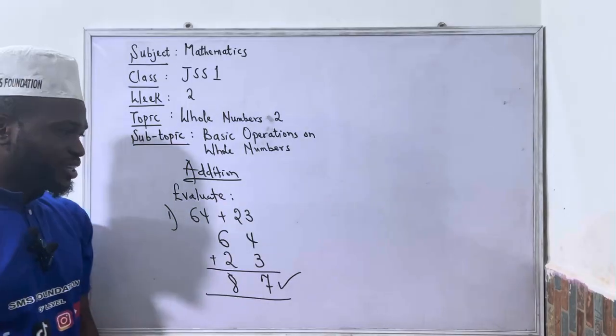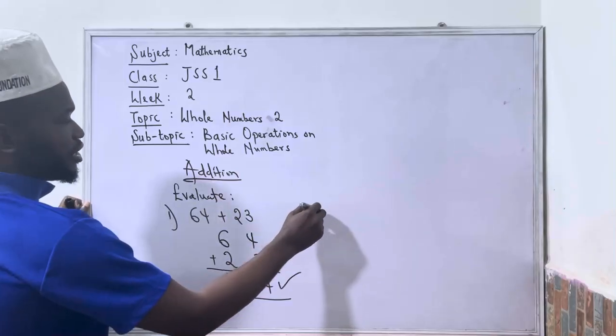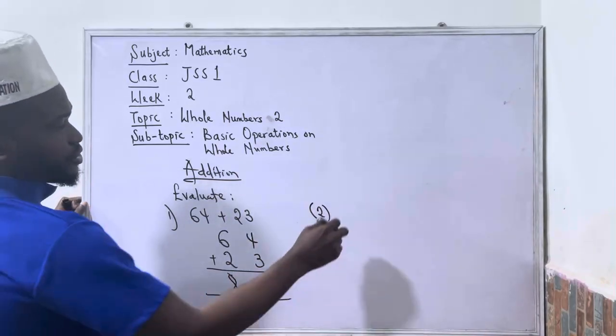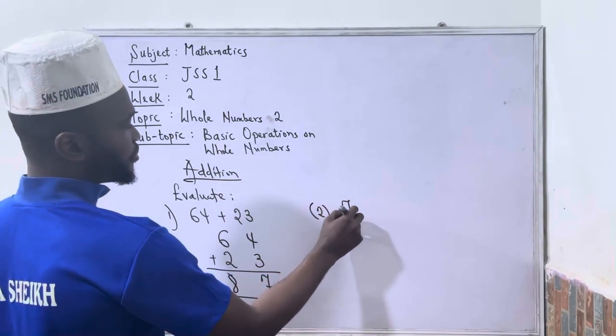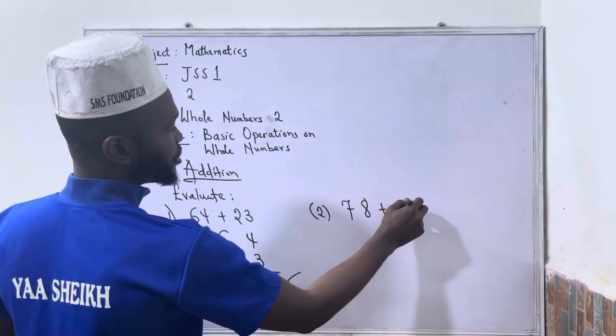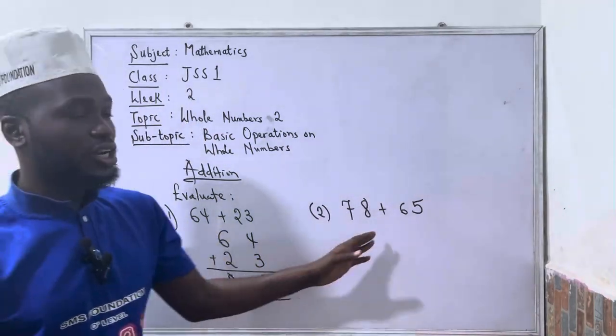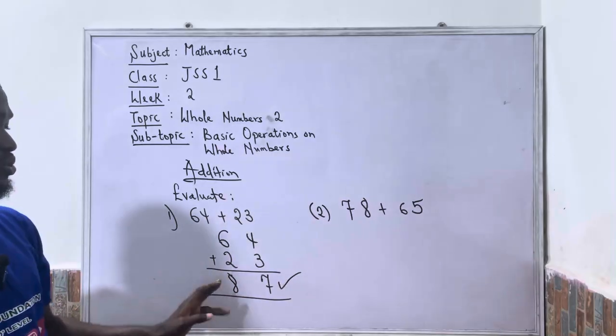However, there are some other questions that will require renaming. So let's see another question. Let's say we have 78 plus 65. If this is what you have, the same process goes the same way.